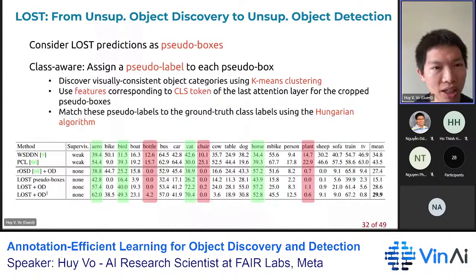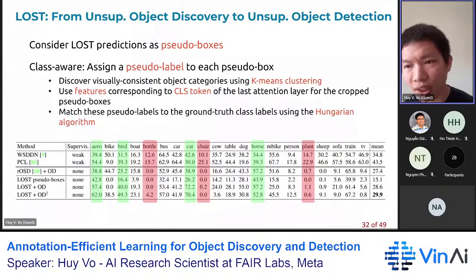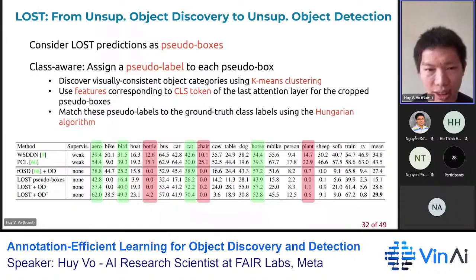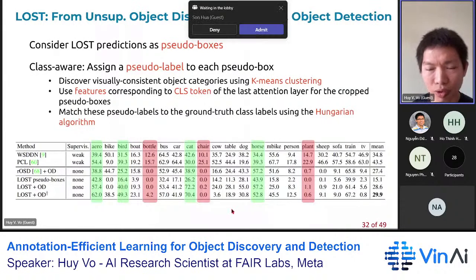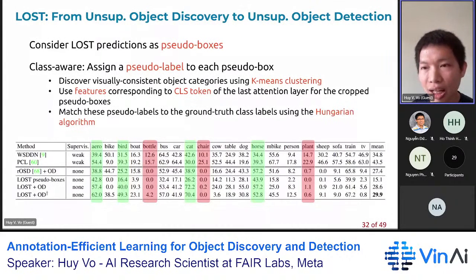And we compare our class-aware detector with some weakly-supervised detectors. As expected, our detector performs worse than weakly-supervised detectors. But compared to, for example, WSDDN, the gap is not that big, and the results of our class-aware detector are not bad at all.